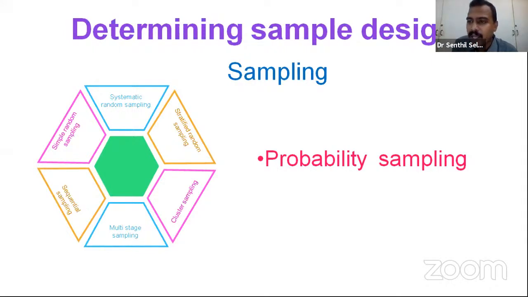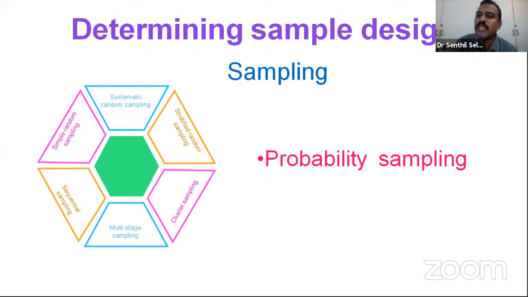Sampling has two types: probability sampling and non-probability sampling. What do you mean by probability and non-probability sampling? In probability sampling, the selection happens without my knowledge. If I am a researcher doing research, I'm not going to select the samples on my own.